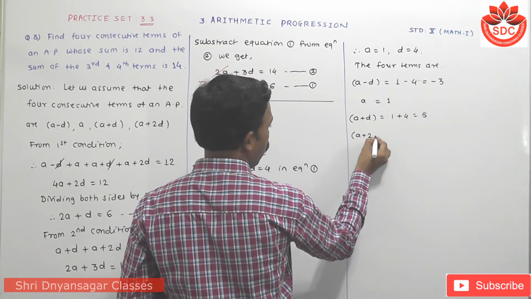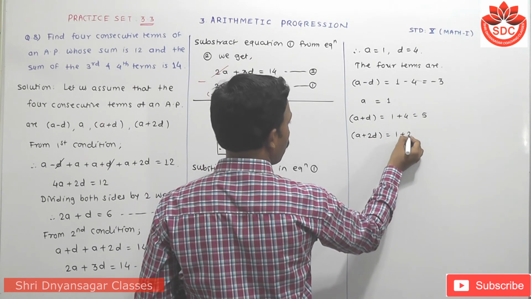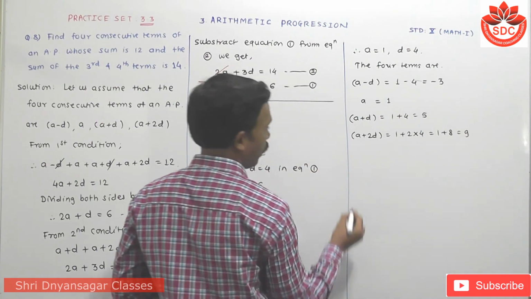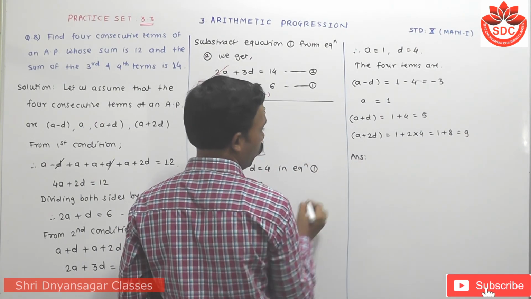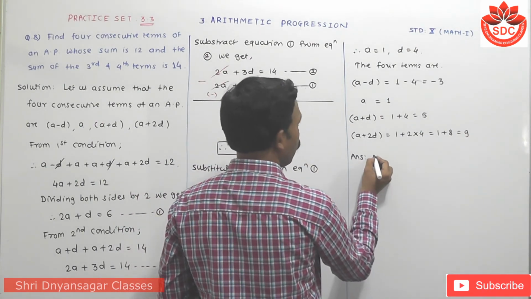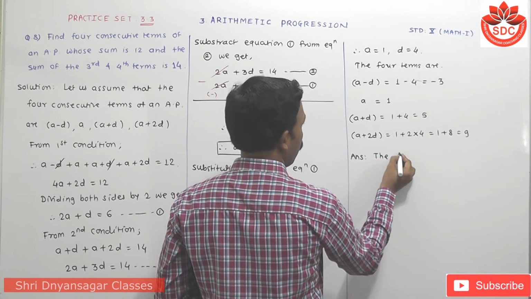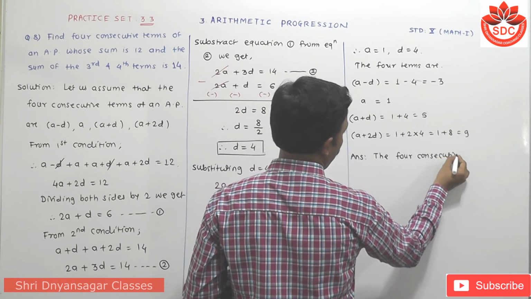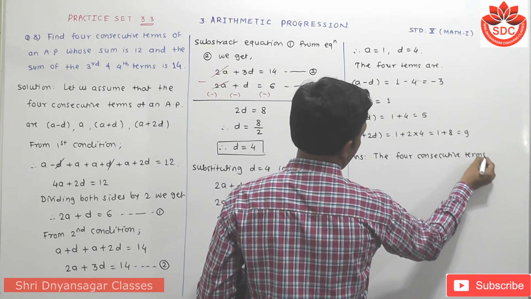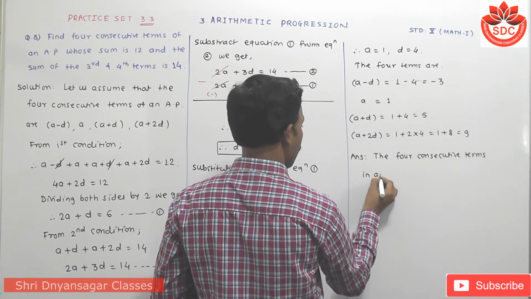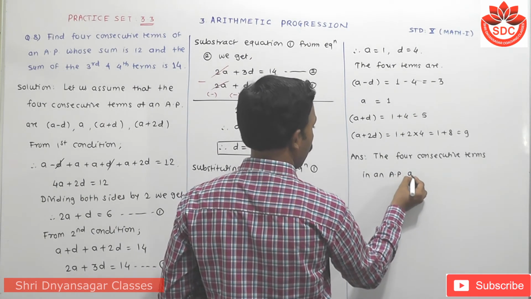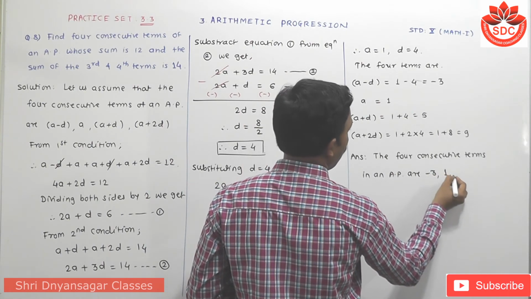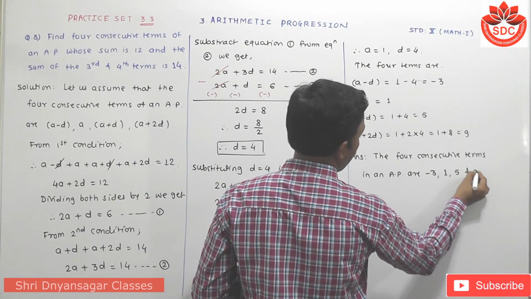And then A plus 2D is 1 plus 2 into 4, which means 1 plus 8 is equal to 9. Therefore the 4 consecutive terms in an AP are minus 3, 1, 5 and 9.